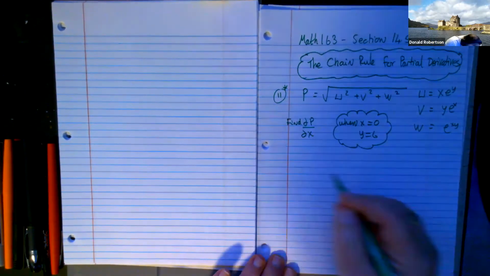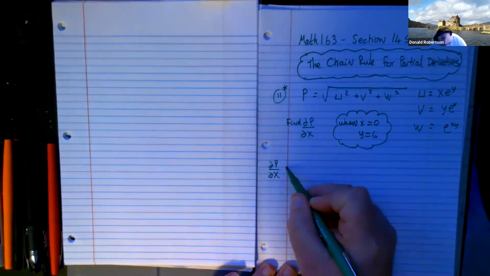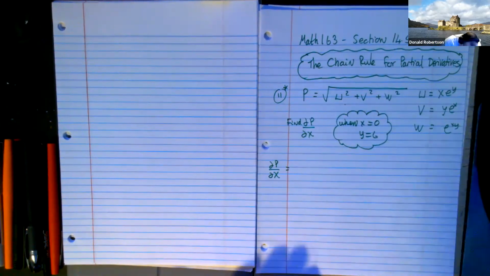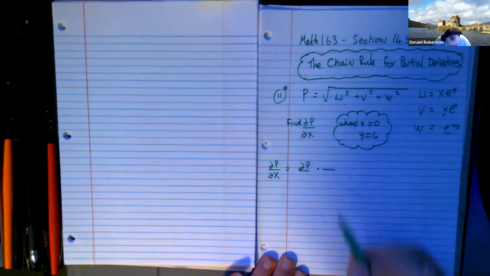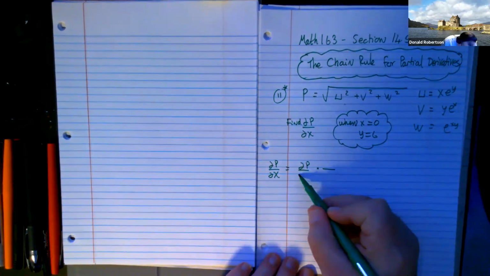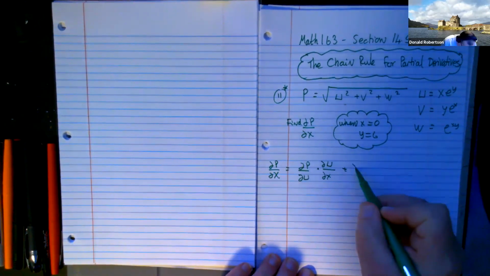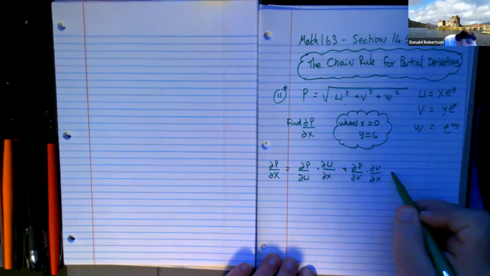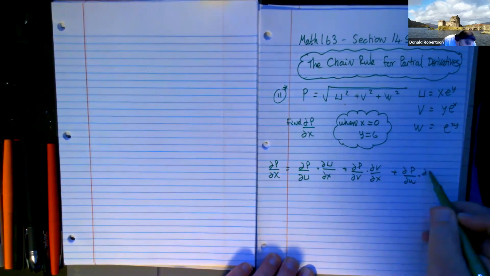So we need to find the version of the chain rule for this particular combination of variables. Since there's three variables here, this is dP/du times du/dx, then you do it with v, dP/dv times dv/dx, and then with w, dP/dw times dw/dx.